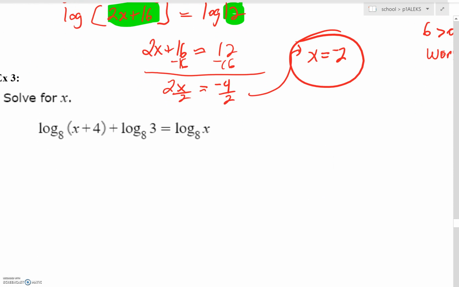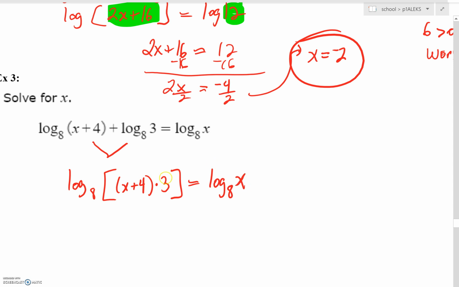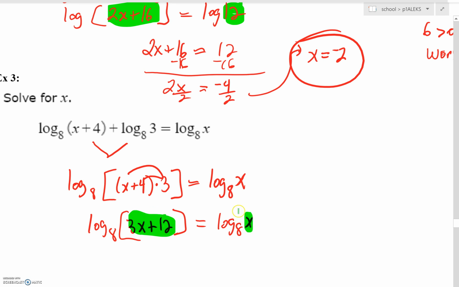Let's take a look at number 3. And again, we've got this addition of our logs. So tell you what, we're going to multiply these insides together. And inside here, we're going to distribute. We'll have 3x plus 12. And what you really have here are the insides must be equal.